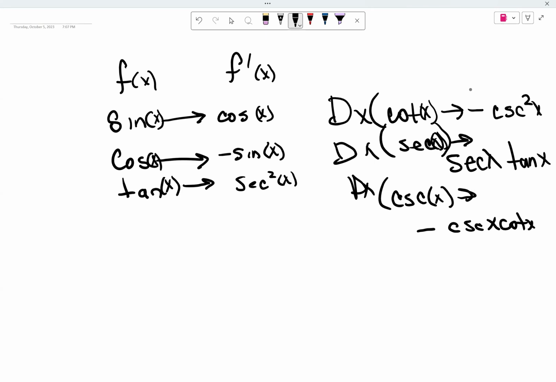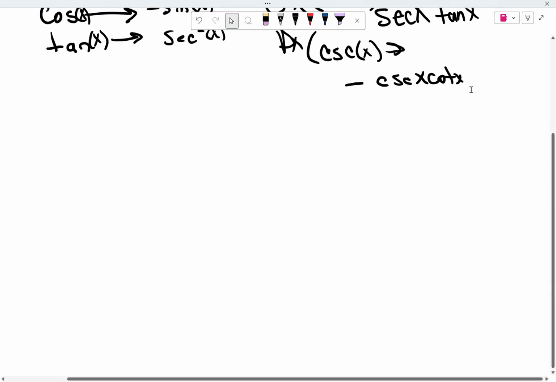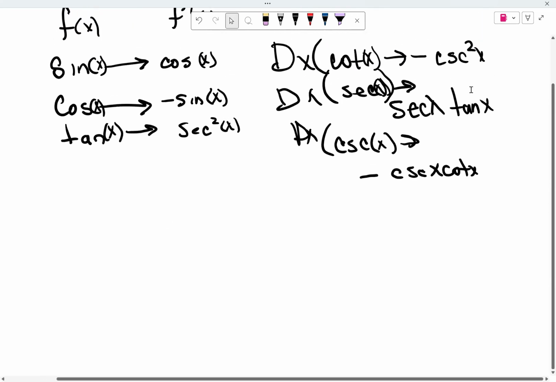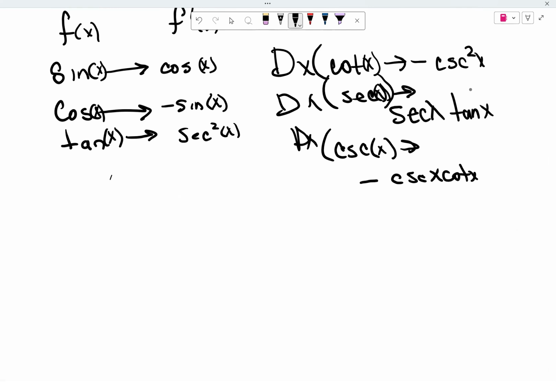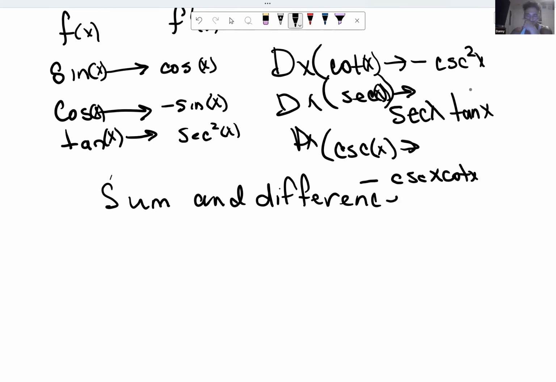No kidding. So they begin with a little reminder for us. So they begin with the sum and difference quotient. Do you remember the sum and difference identities? I'll take that as a no. Yeah, this is just sum and difference.